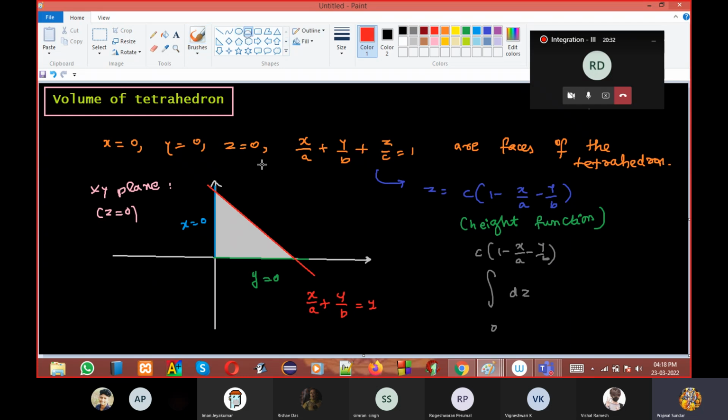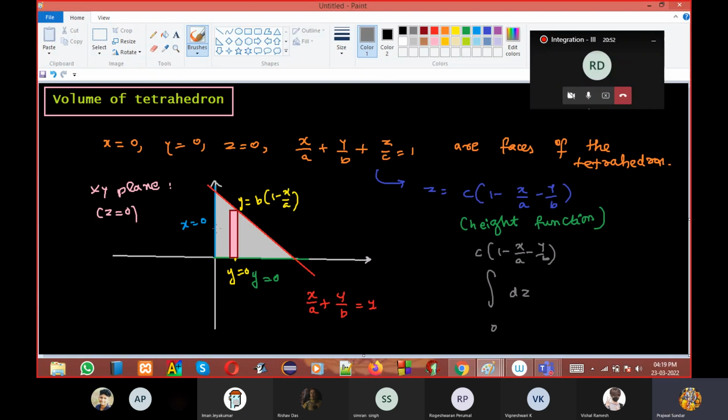Then I'll take a vertical strip here. You can take a horizontal strip also, no one is stopping you. I am just taking a vertical strip for convenience. Here x is constant, so y will vary from y equal to 0 to y equal to b into 1 minus x by a.